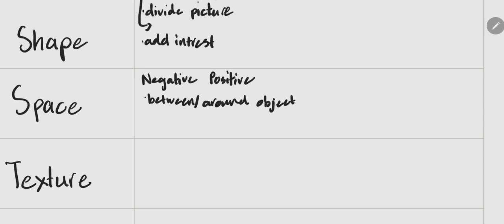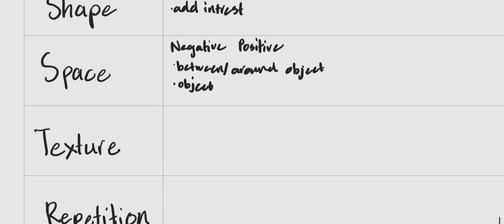And then positive space is the object and its place in the environment. So when we do an art piece, we'd want to think about all this to make it flow into each other. Object and place and environment.